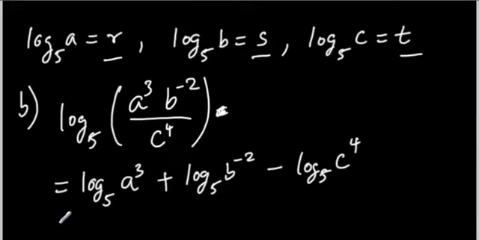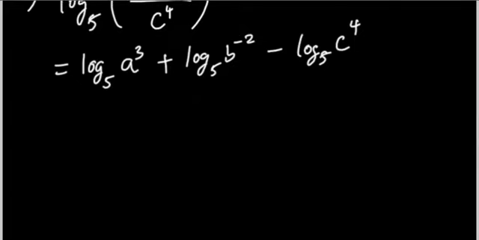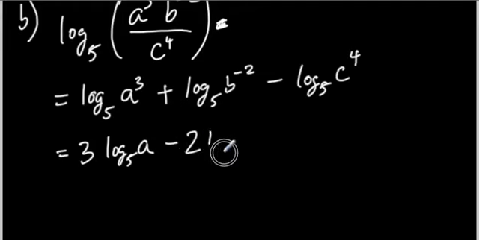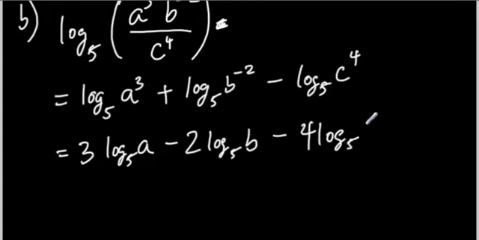Now, the next thing is I can just bring down these exponents. So it's 3 log base 5a. And since I bring down the negative 2, it's minus 2 log base 5b minus 4 log base 5c.